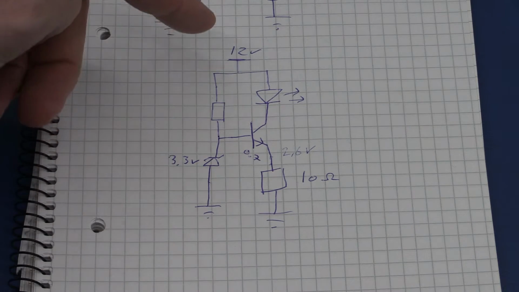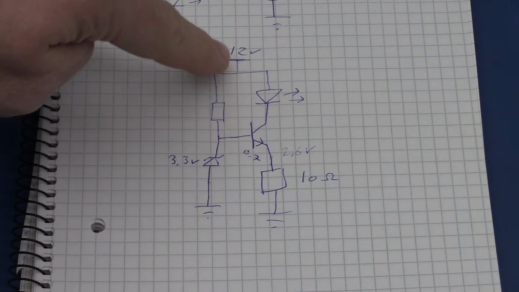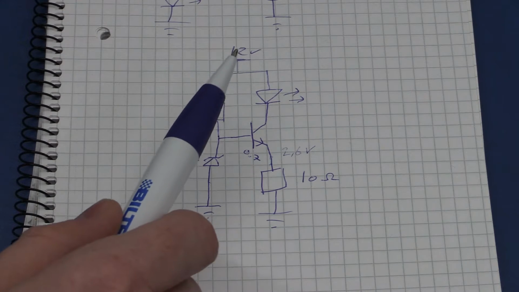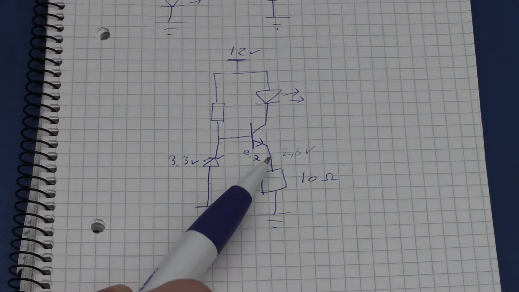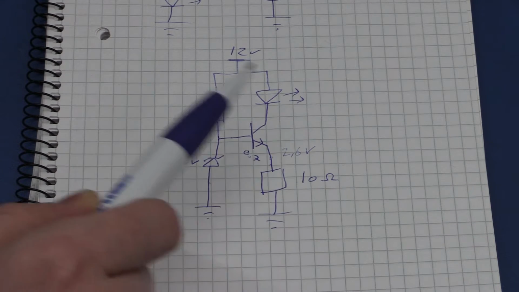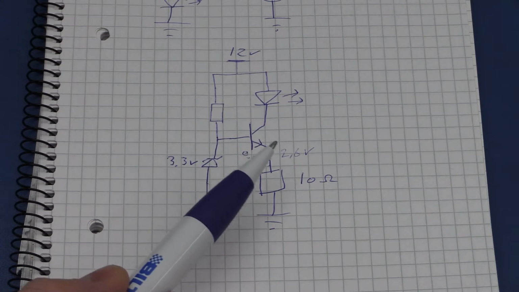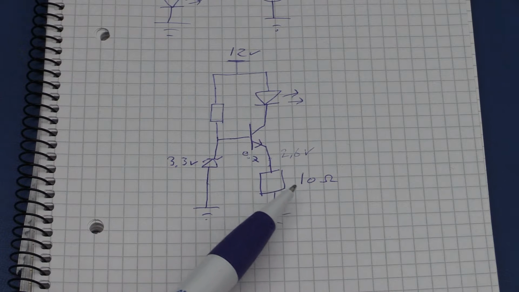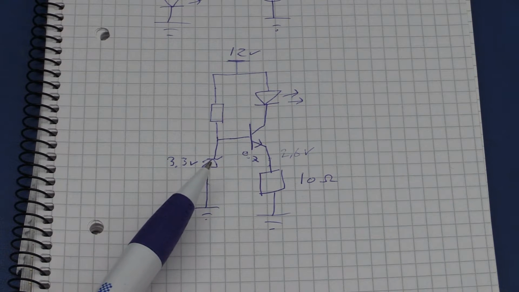To improve it, we could just drop the 12 volts all the way down until we just have enough voltage to get the full current through the LED. You can see that we wouldn't be able to go lower than 5 volts because we have 2.6 volts across this resistor. In this configuration we need to have that to have the correct current. But nothing really is stopping us from lowering the resistance value and lowering the reference voltage.